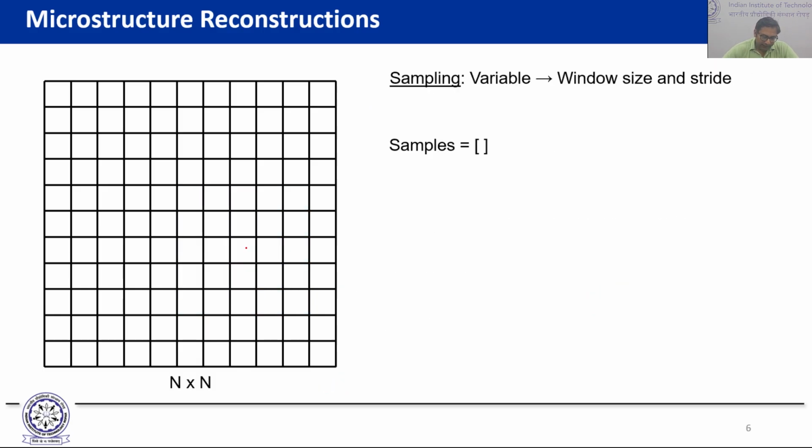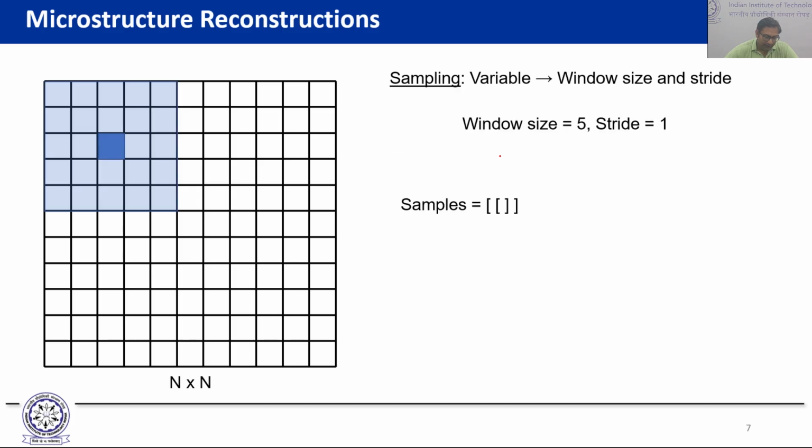Now, the idea here is if you look at this matrix right now, we have not yet applied any patch, and therefore we don't have any samples. And then what we do is we start sampling, and the way we start sampling is we will simply take this patch and we will translate it across and downwards in our image.